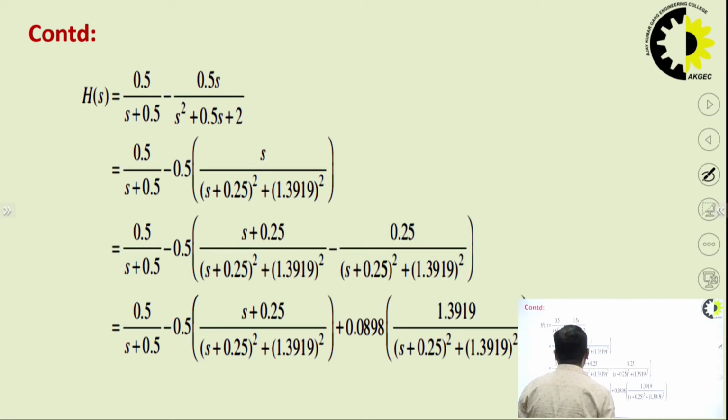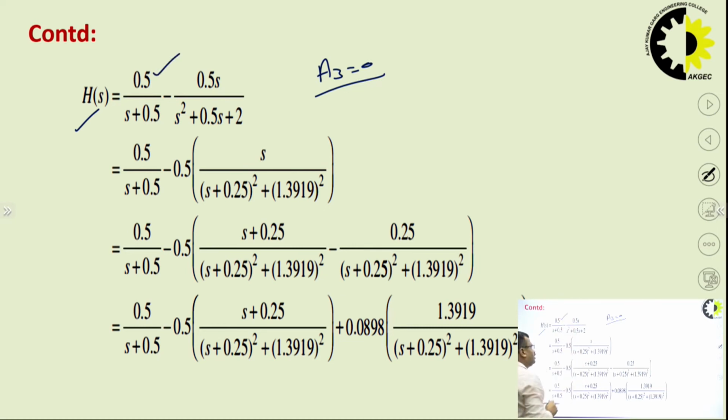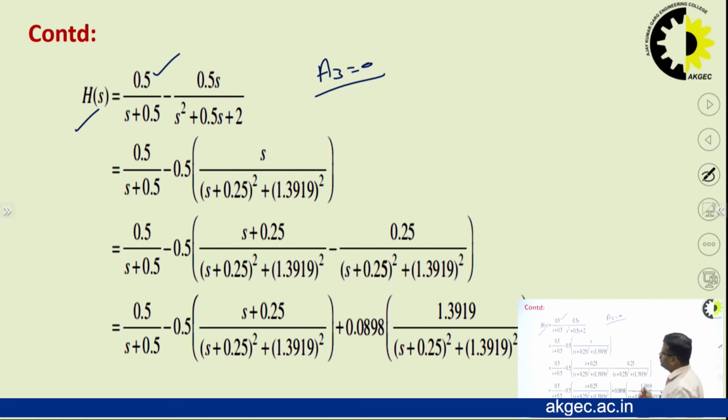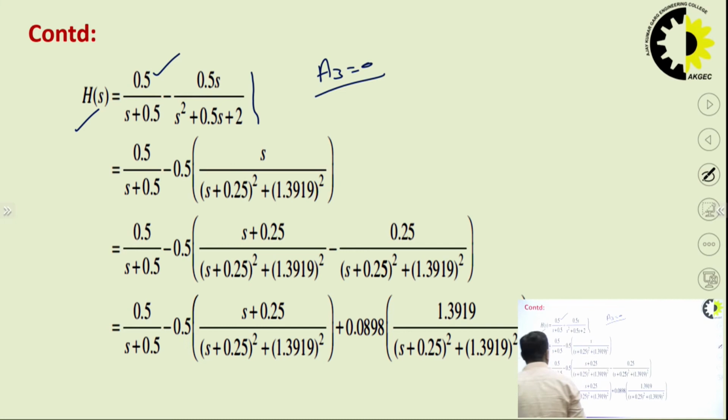So if you put the value of a1, a2, a3 here, you will get H(s) is equal to this, because a3 was 0. So it will be 0.5 upon s plus 0.5, minus 0.5s upon s square plus 0.5s plus 2. Now this term is the linear factor term, so easily you can put the converting value, but this is not like the other terms.